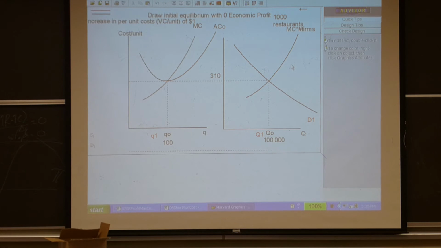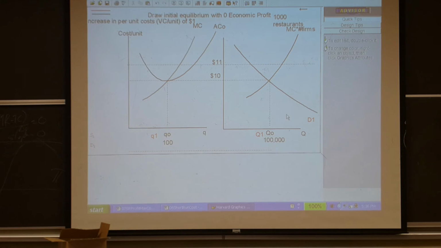What do we move first? Each meal costs $1 more. There's $11.